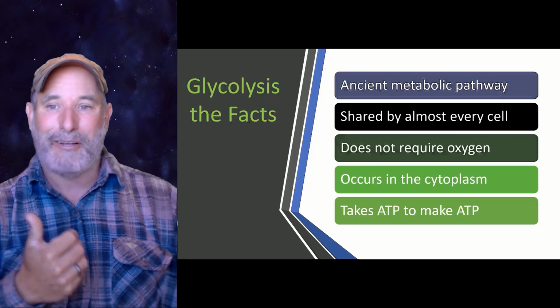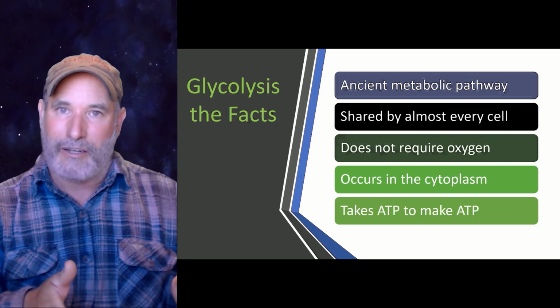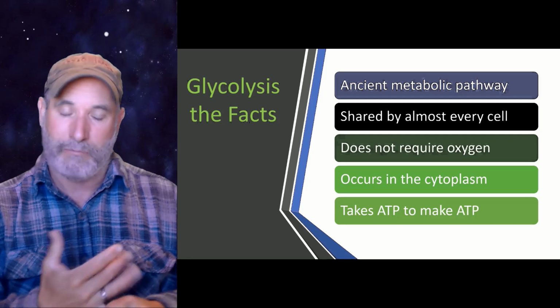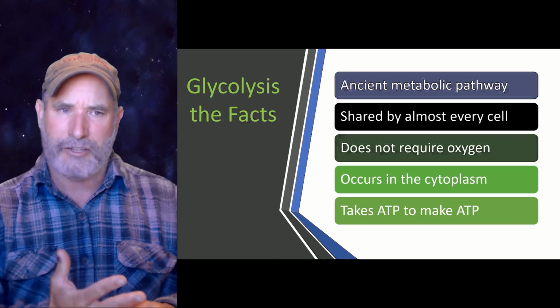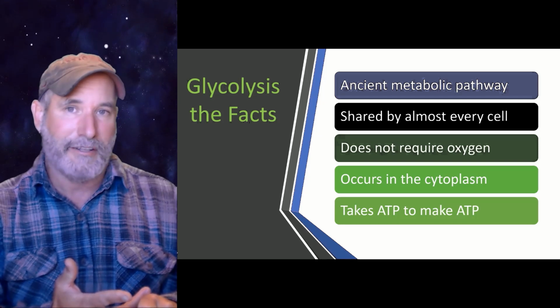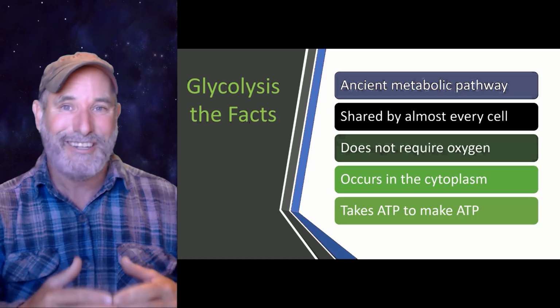It's an ancient metabolic pathway. Every cell does it. If every cell does something, that tells you some important pieces of information. 1, it tells you it's important. 2, it tells you it's ancient. 3, it tells you that our last common ancestor did this, and we've inherited it almost unchanged for 3.8 billion years.